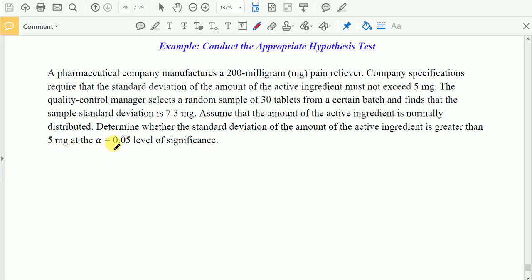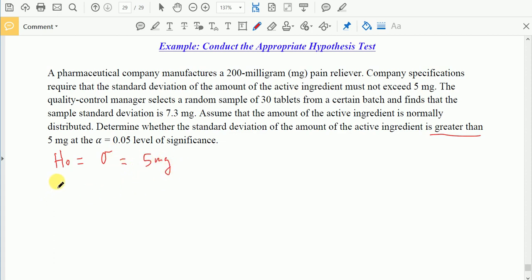Okay, so the key word here is, you want to claim whether the standard deviation of the active ingredient is greater than 5 milligrams or not. So the null hypothesis is the standard deviation is 5 milligrams, right?